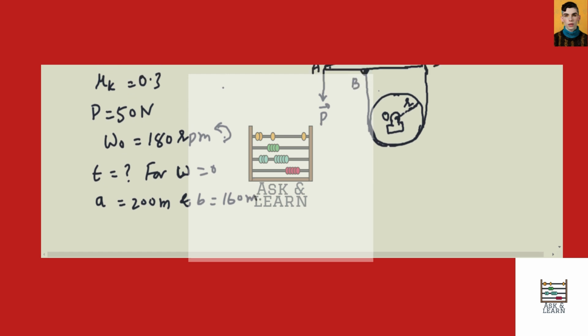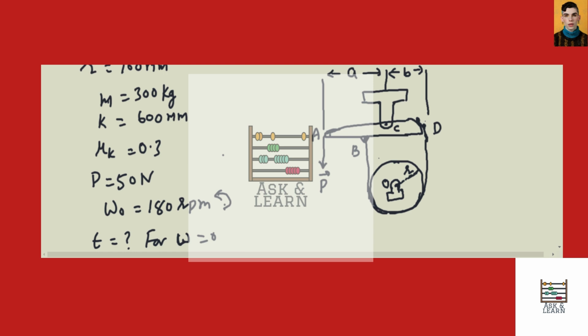Now see the force distribution. Suppose the cord tensions are T1 and T2, and this force is 50 Newton, given already.